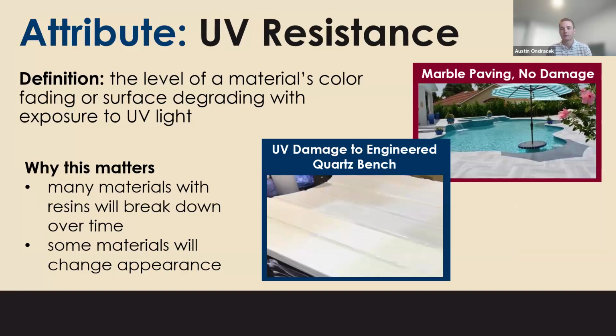Natural stone will not have that issue. It will have the same makeup throughout the entire product and will look the same no matter what. So that's a benefit of natural stone. And making sure it looks pretty, it looks the way it's installed, and ultimately gives that customer their end product for many, many years to come.